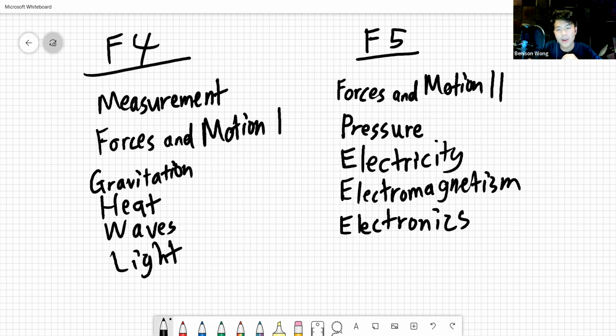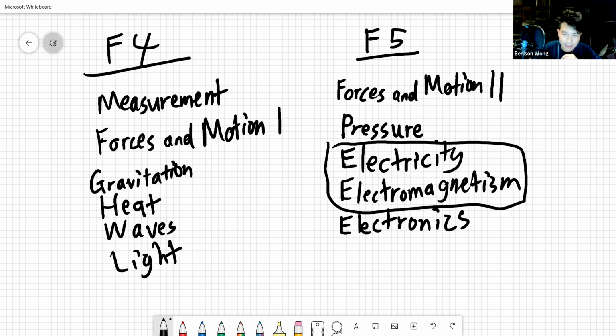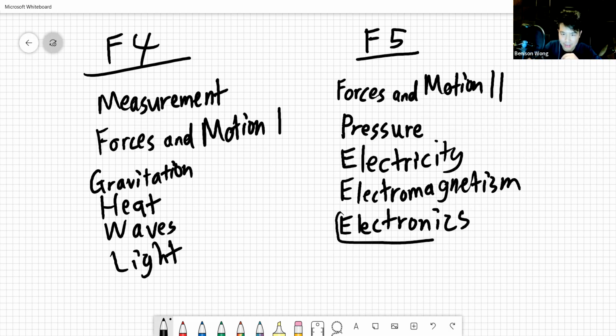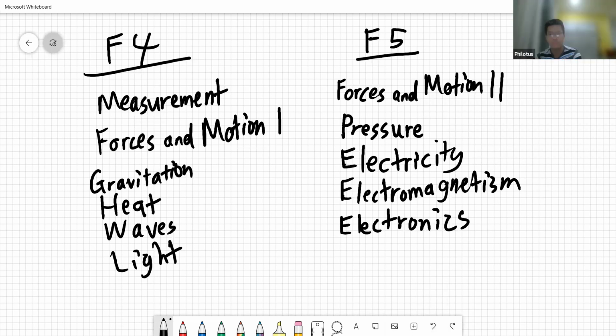And whatever you learn in electricity and electromagnetism, you must remember until your electronics. Other chapters, after you learn already, you forget, never mind. But after you learn this, you must remember until this and until this. So you have a lot of things to remember for these 3 chapters. These 3 chapters are actually one chapter, but the chapter is very long, so they split it into 3 parts. Do you understand?